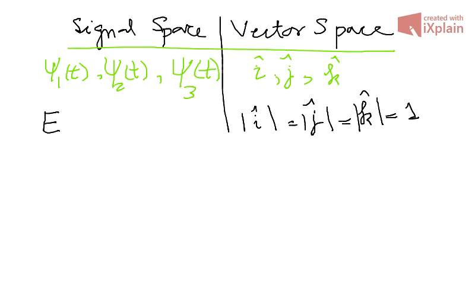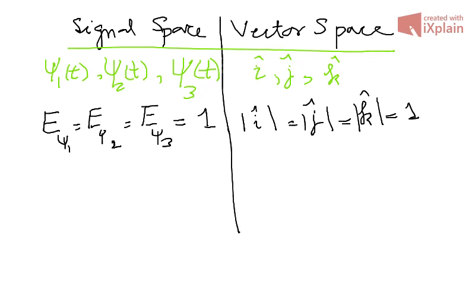We define the energy for the signals: the energy of psi 1, the energy of psi 2, and the energy of psi 3, all these energies are equal to unity. Now when we define the energies equal to unity, we call these basis functions the orthonormal basis functions. Now they have two properties: they are orthogonal, and their energies are normalized to unity.